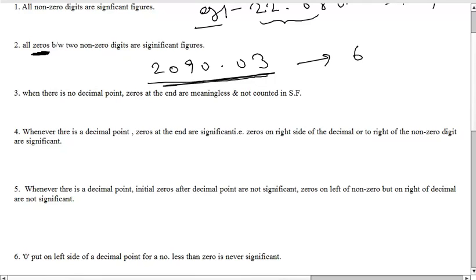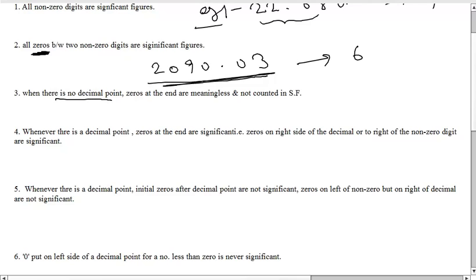Then let us see the third part. When there is no decimal point, zeros at the end are meaningless and they are not counted in the significant figures.